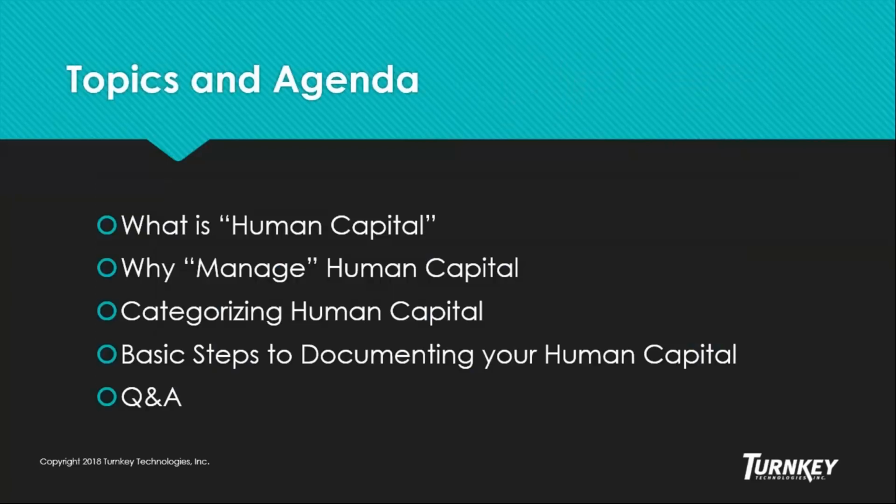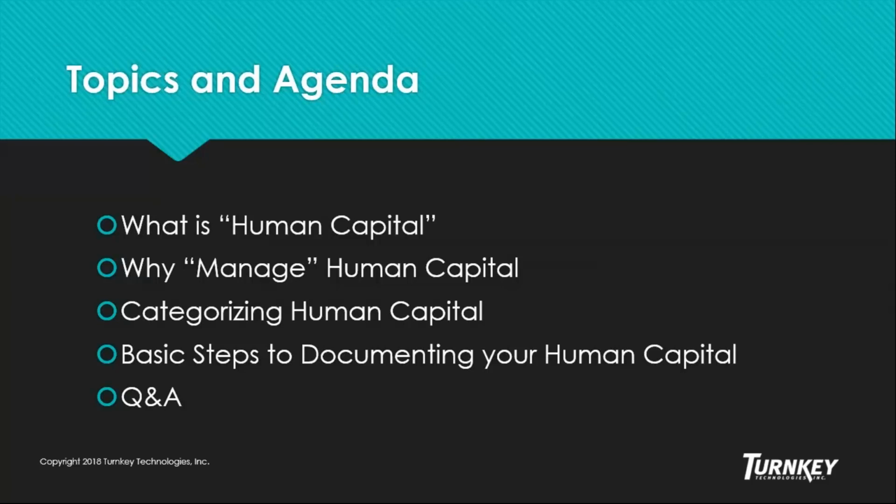Our topics today, we're going to go through 5 areas, and the last one will be a question and answer session, which will open probably about 2:45 Central Time or so. We're just going to start with defining human capital and then talk about why managing it is so important.